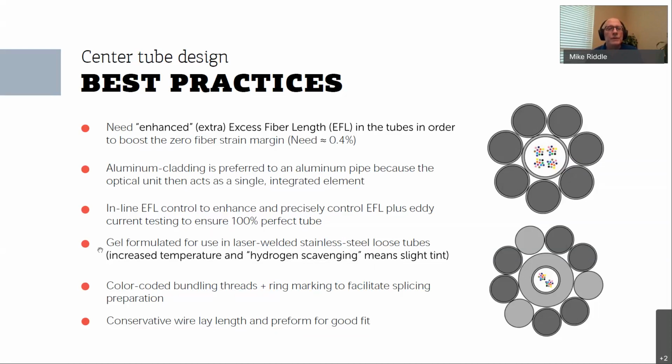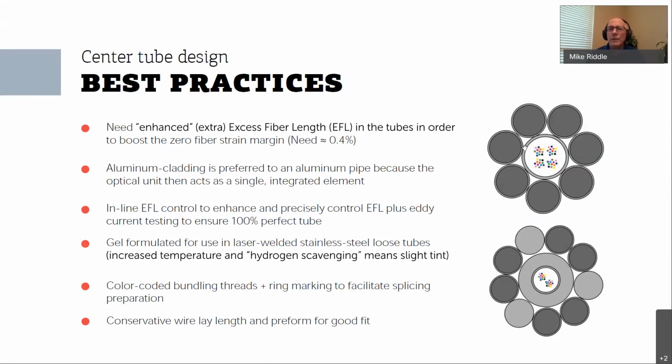This gel for use in stainless steel loose tubes has a higher temperature rating and higher hydrogen scavenging. The fabrication process can impart hydrogen into the tube, and hydrogen and fiber don't get along. Now, all fiber has some protection against hydrogen in it, but we think it's better to use the gel that has the higher hydrogen scavenging as extra insurance.